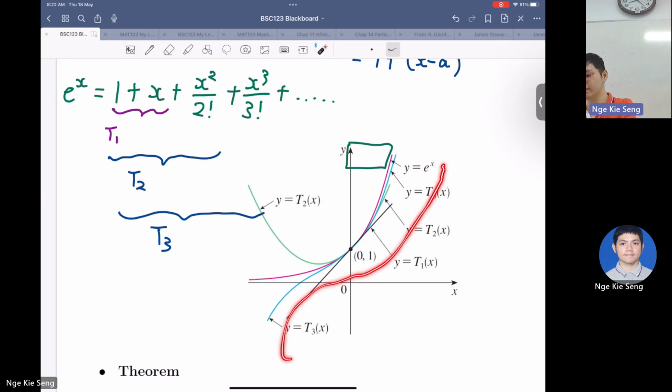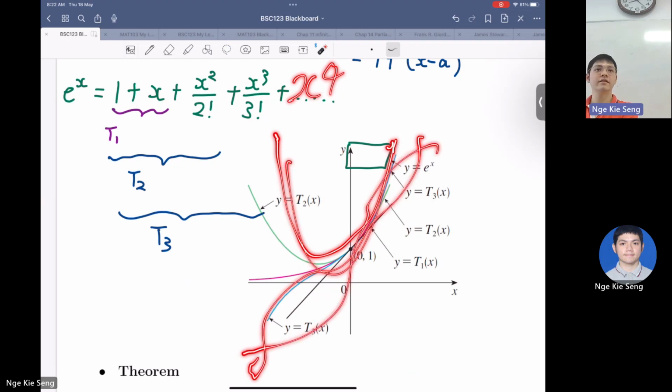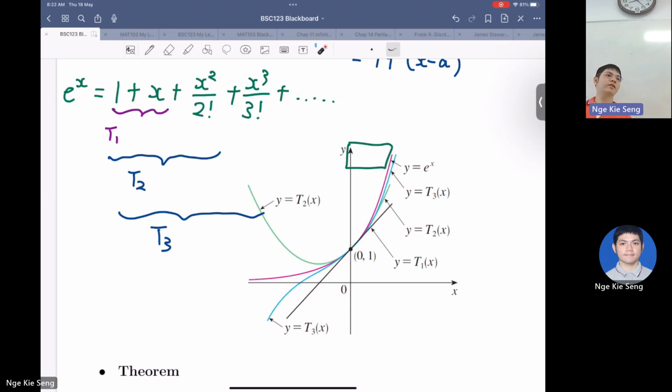So somehow the curve gets affected by this negative part, so it's still going down. You can see that this blue line bends down after x equals 0, for T3. And then you can keep going to x to the fourth. Maybe later it goes back again and then goes down again, because of the difference in shape between even and odd powers.